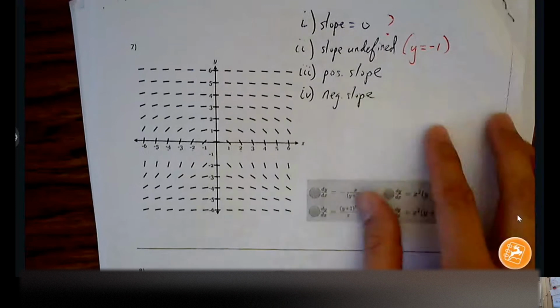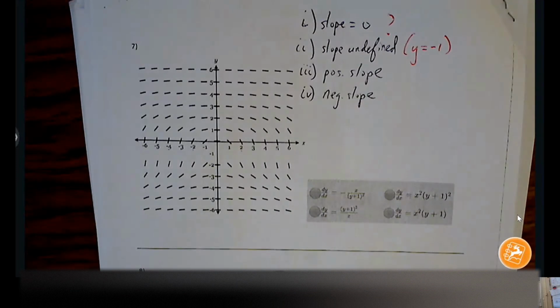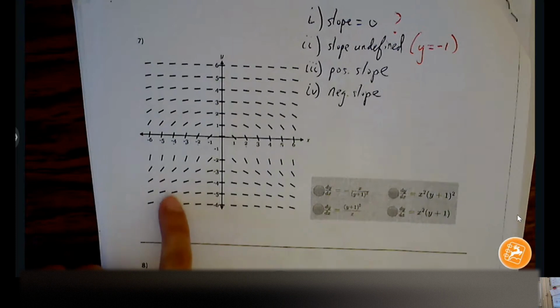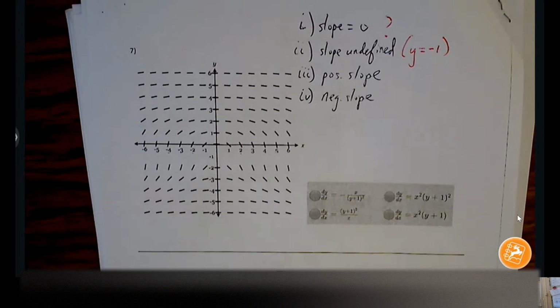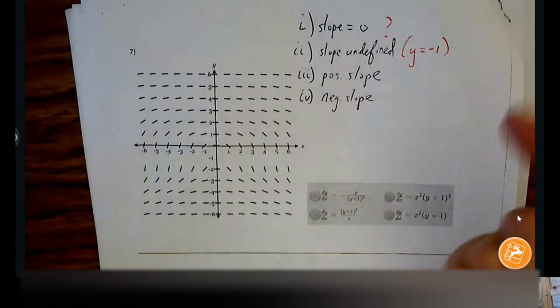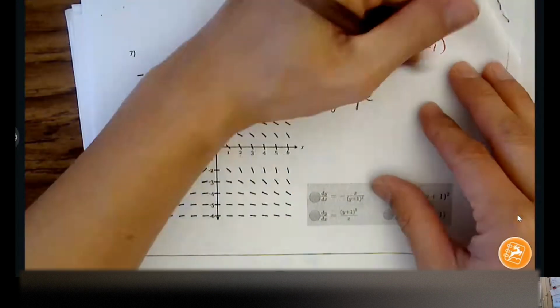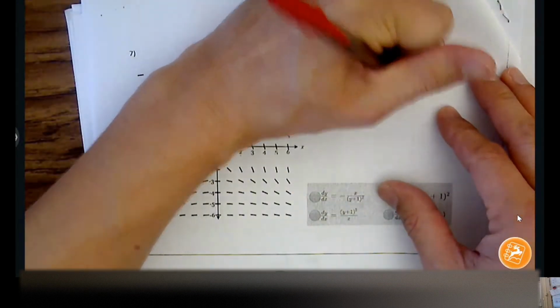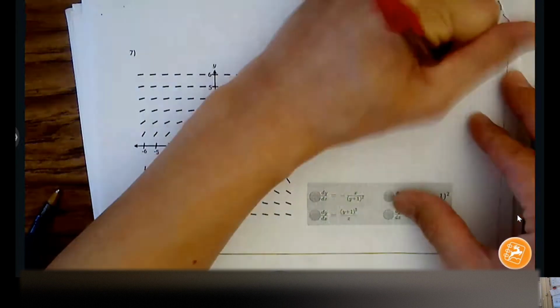Okay, where do you see a collection of, or can you make some general observations in terms of where positive slopes occur? There are a bunch in quadrant 3. Mm-hmm. Where else? And quadrant 2. Yeah, so basically all of quadrant 2 and 3, right? That's good. X is negative. Yeah, that's true, right?